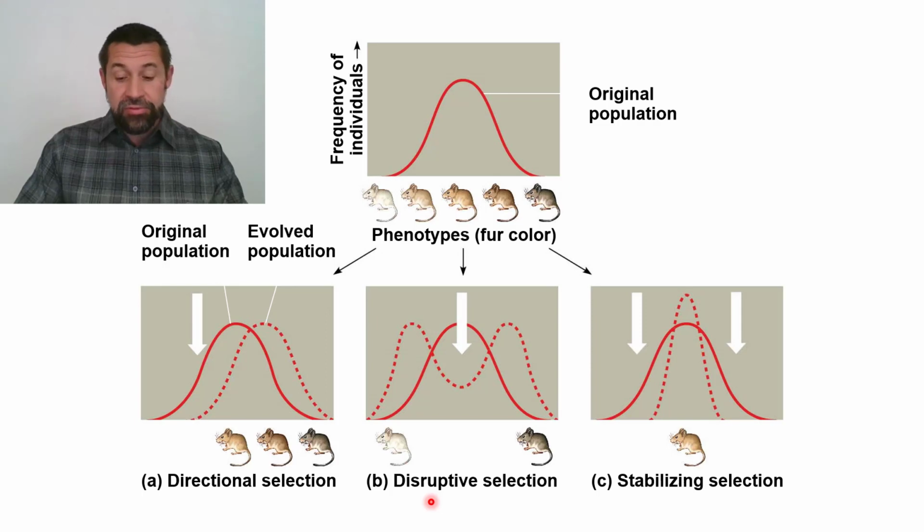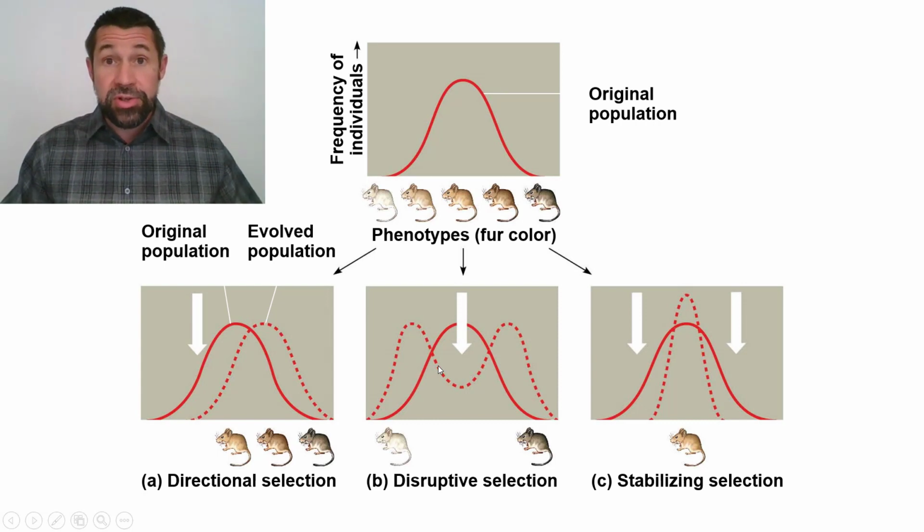So you could see how a substrate like this might create disruptive selection, where the once rare phenotypes, the light-colored mice and the dark-colored mice, now become proportionately more common, where the dark colored mice are selected for on the dark rock outcroppings, the lighter colored mice on the sand, and the result is you've got this new bimodal distribution. You've got two dominant phenotypes, right, on either side of the distribution. So this is creating disruptive selection.